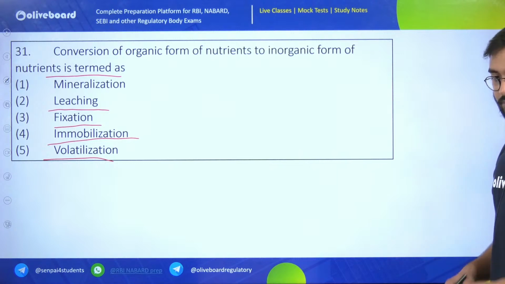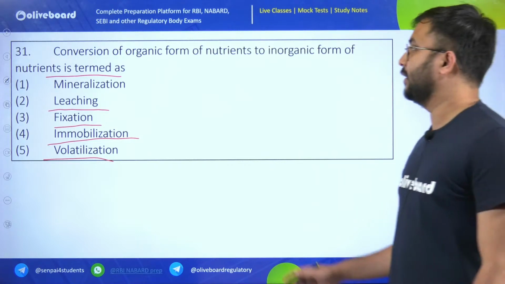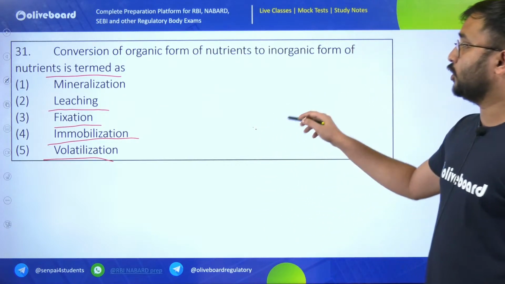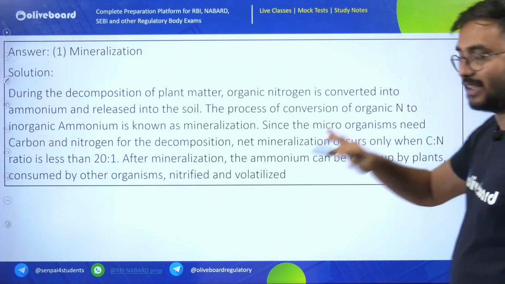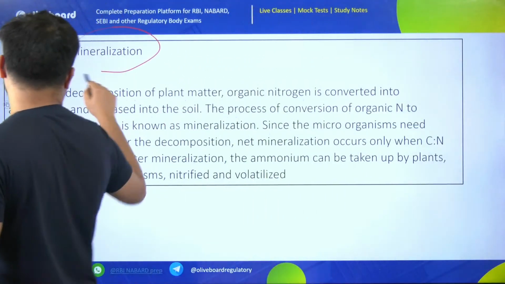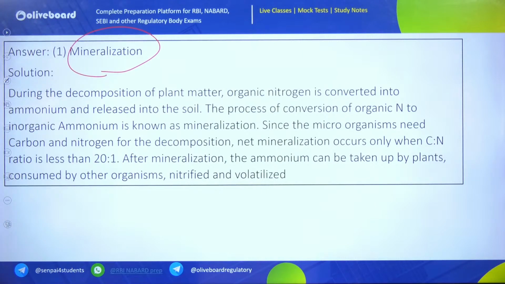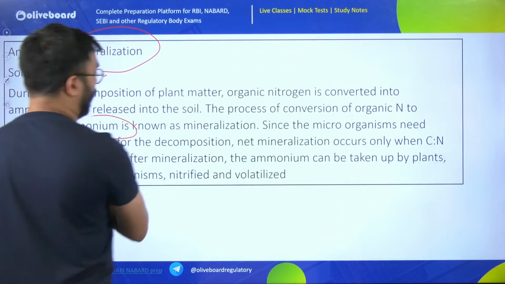Conversion of organic form of nutrients to inorganic form of nutrients is actually termed as mineralization. Okay, it is called mineralization. So for example, organic nitrogen is converted into ammonium.